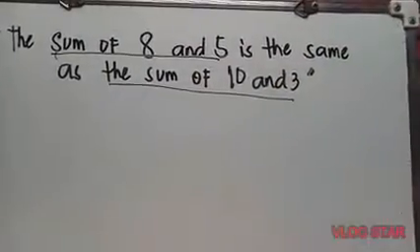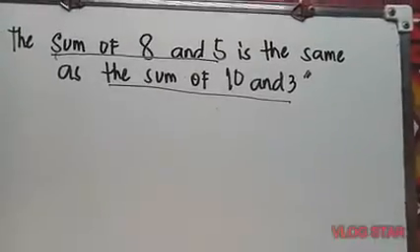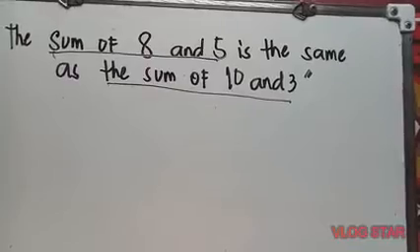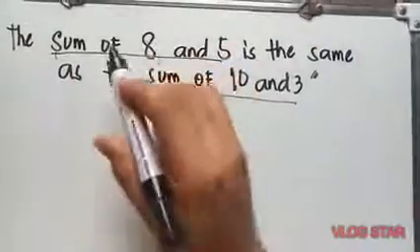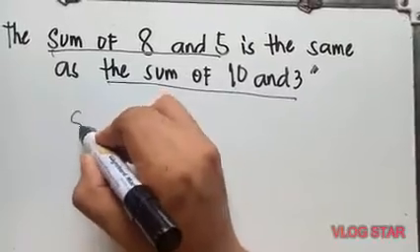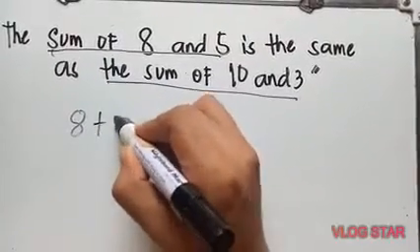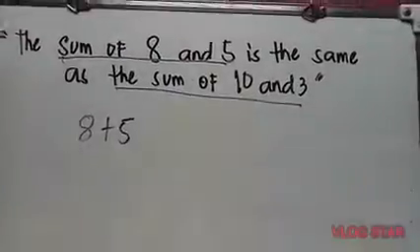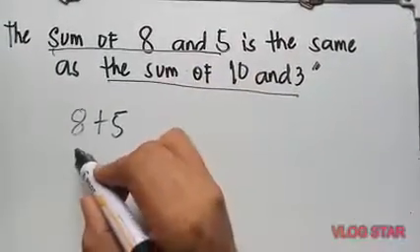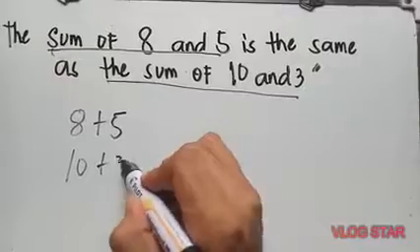We write first the sum of 8 and 5 as 8 plus 5. Next is the sum of 10 and 3, which can be written as 10 plus 3.